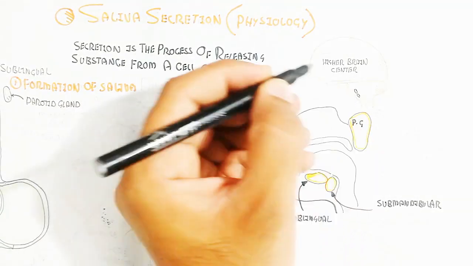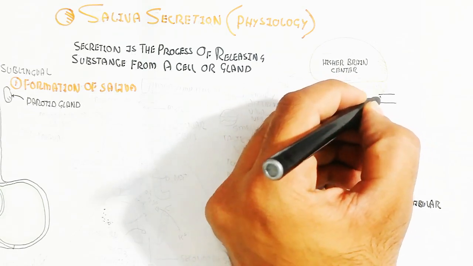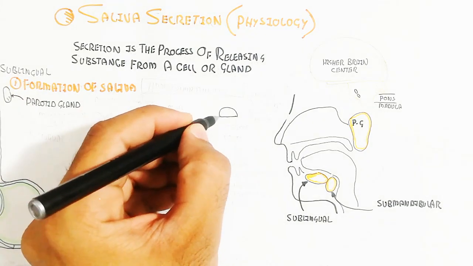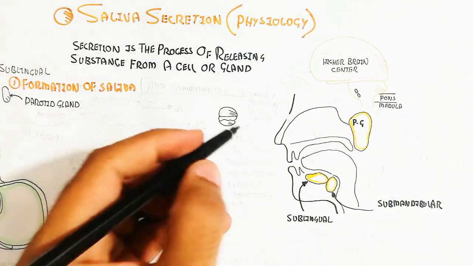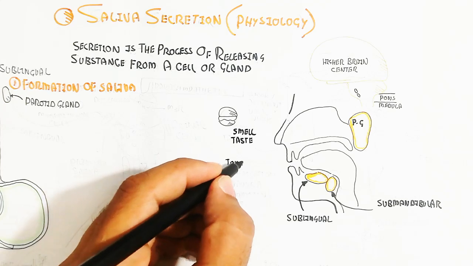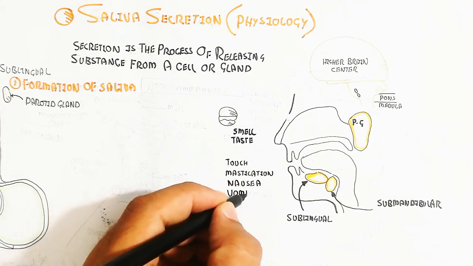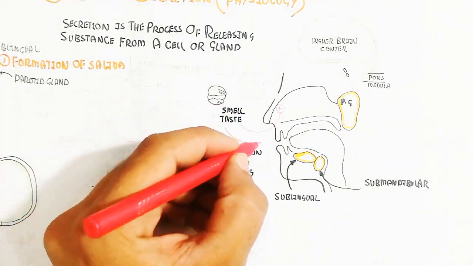This higher brain center is important for the secretion of saliva. This is the pons and medulla, part of the brain stem. Before you eat, smell, taste, touch, mastication, and nausea and vomiting also lead to the production of saliva, which is known as the salivation process.